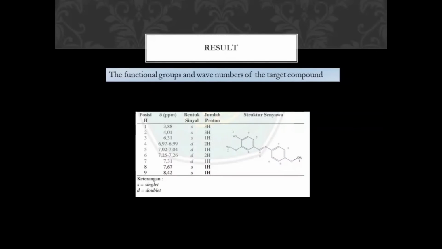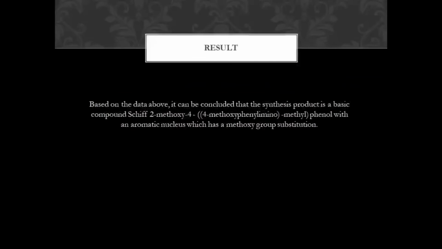Then the appearance of the proton signal, which is thought to be an imine proton signal, CHN, at a chemical shift of 8.42 ppm 1H singlet. Based on the data, it can be concluded that the synthesis product is a Schiff base compound, 2-methoxy-4-methoxy phenylamino methyl phenol, with an aromatic nucleus which has a methoxy group substitution.